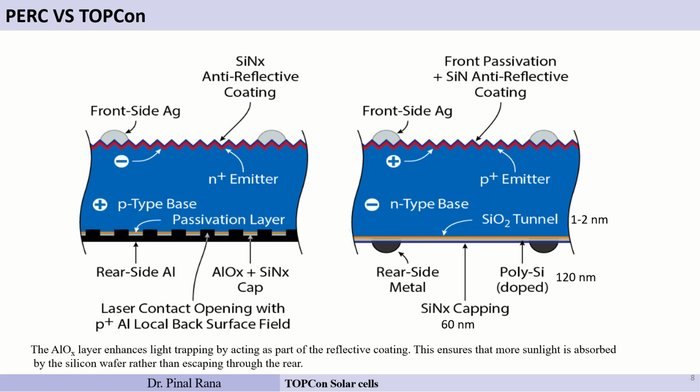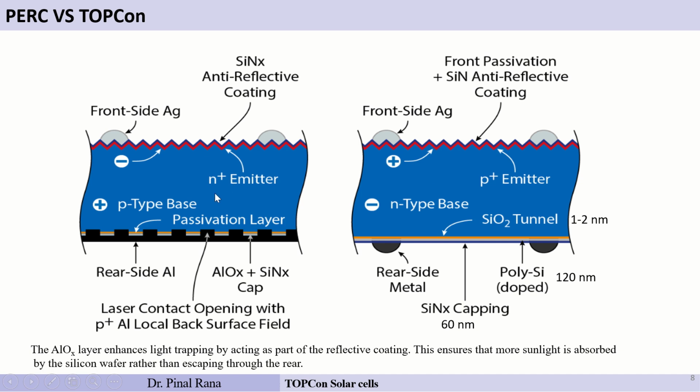So in this slide, I have shown the structural difference between the PERC solar cell and the TOPCon solar cell. As I explained earlier, the PERC solar cell uses a p-type silicon base, whereas the TOPCon solar cell uses an n-type silicon base.